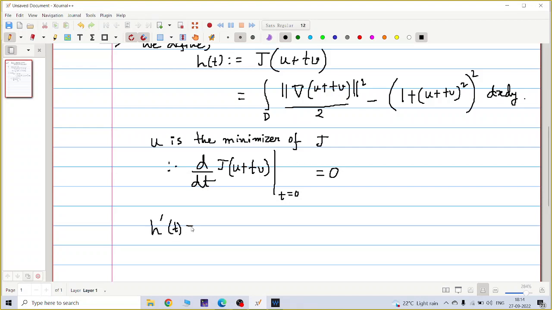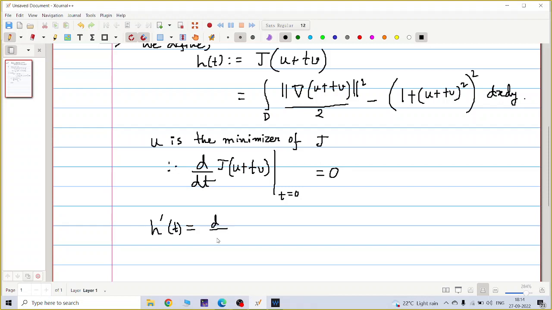What is h dash t? You have to differentiate under the integral sign, right?